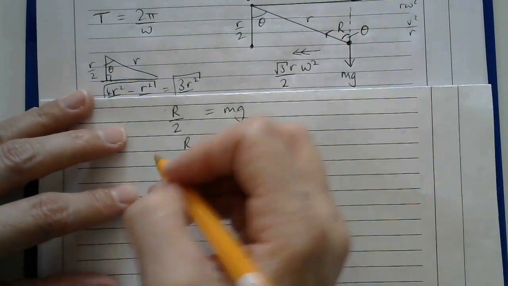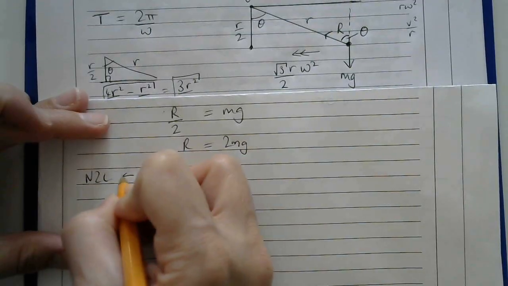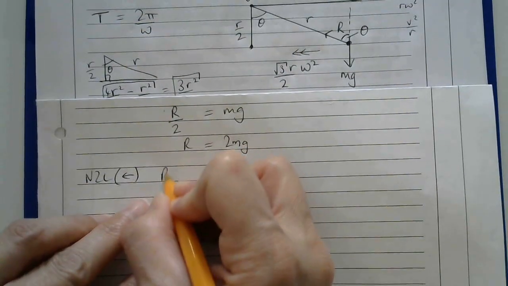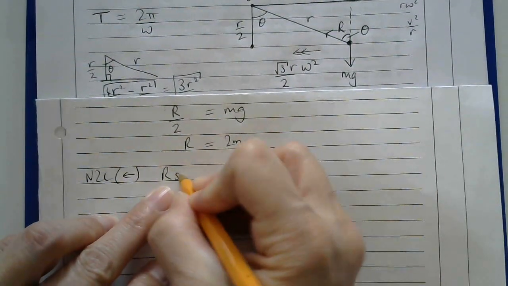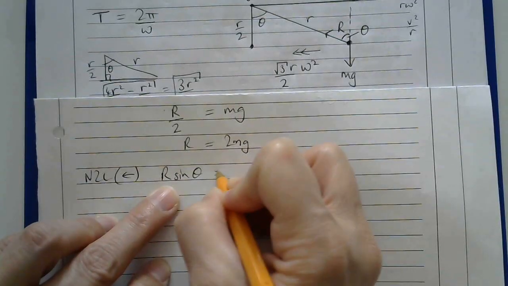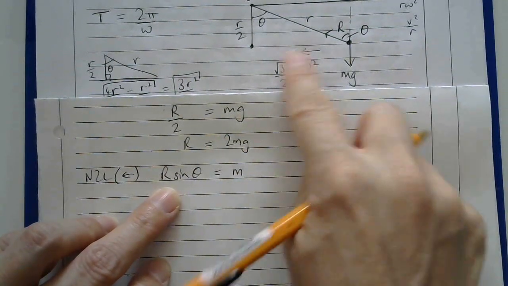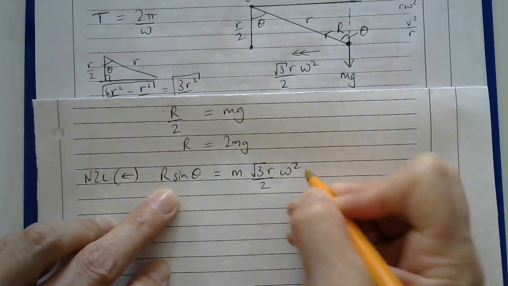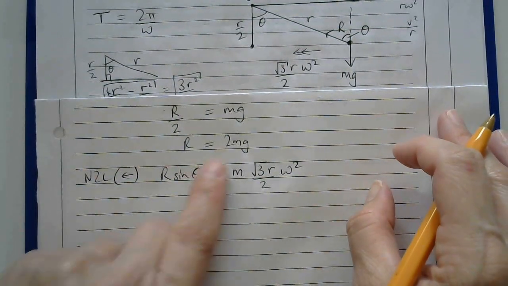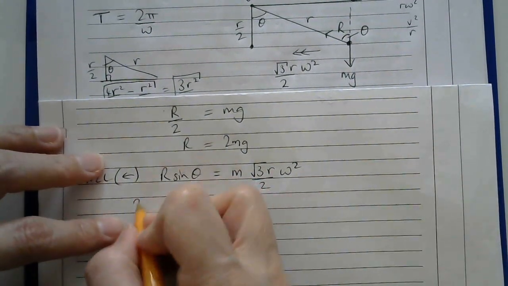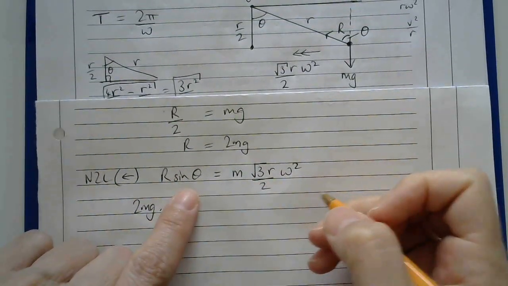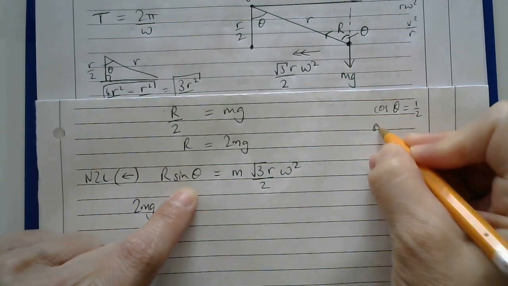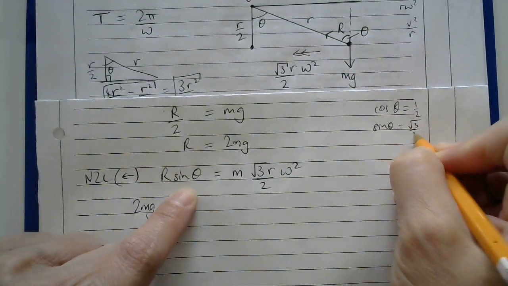Now if I do Newton's second law towards the centre of the circle, so I do R sine theta equals the mass times the acceleration, but I know what R is, it's 2mg, and sine theta, well, if cos theta was a half, then that means sine theta will be root 3 over 2.